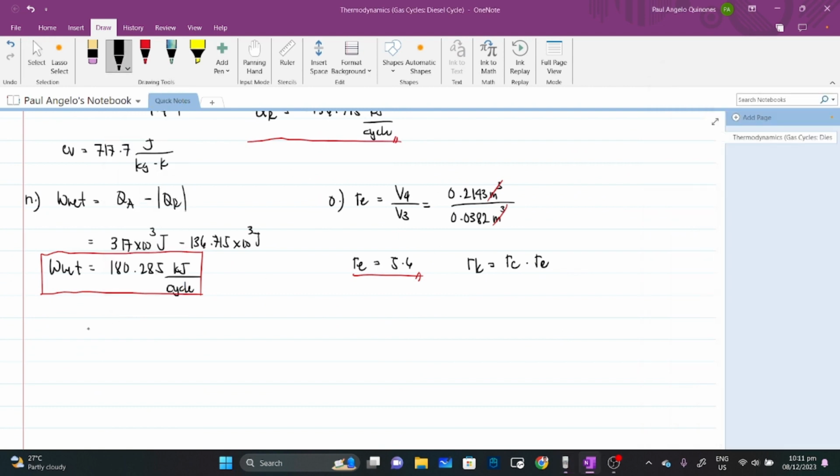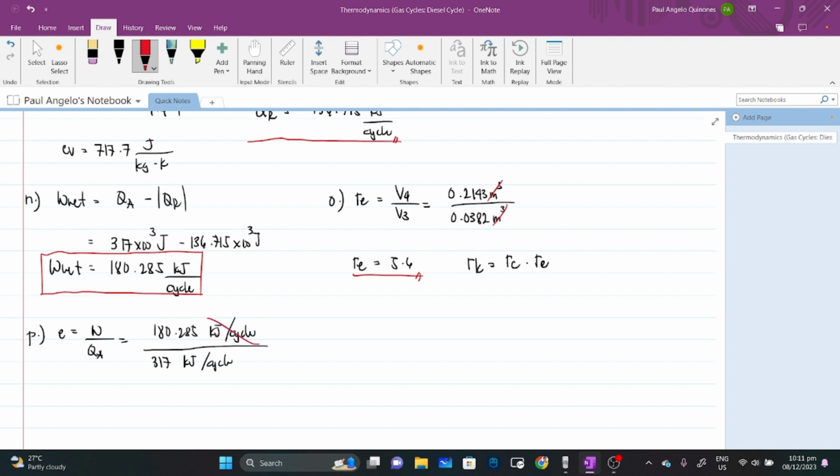Next, so letter P. In letter P, since we have the work net, we can solve for the engine's efficiency, which is given by work over QA. So work is 180.285 kilojoule per cycle, over QA, that is 317 kilojoule per cycle.